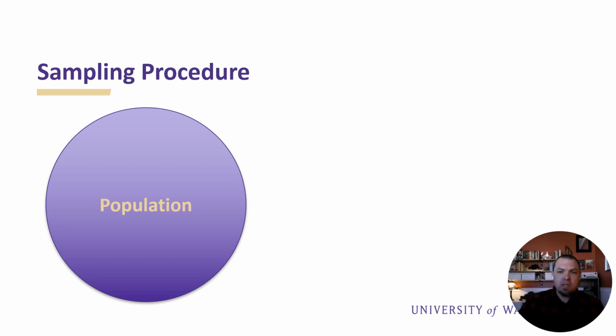So first, let's talk about the sampling procedure. What sampling does is it takes a population, and we have to define that population. What is that population created from? What does it represent? We have to think about what the cases in the population are.